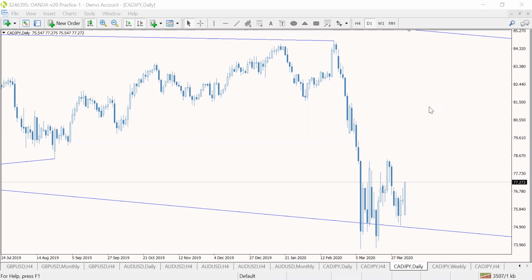Now, some of the companies are suffering due to this. Now, that means if you trade Canadian dollar, because they produce oil, they are affected by oil. If you trade Canadian dollar, you need to be very careful that maybe during the course of this day, we can get a lot of volatility.